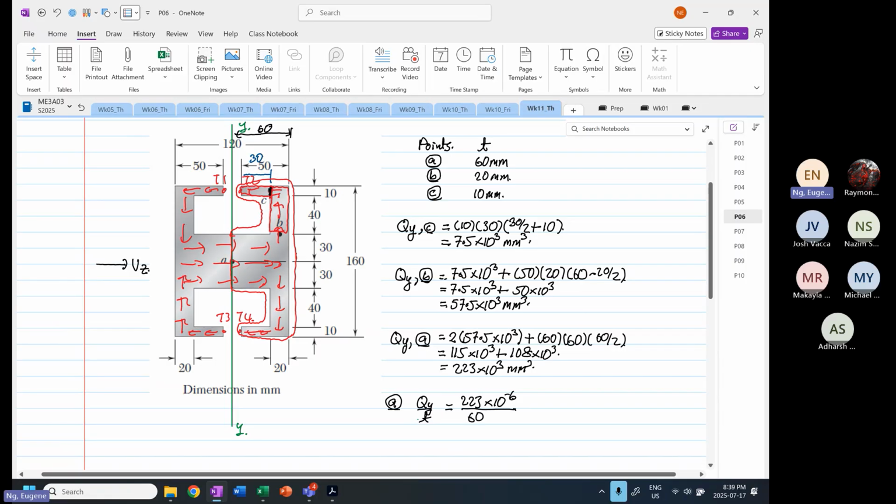Thickness now is 60 millimeters. Okay, so 223 times 10 to the power minus 6 divided by 60 times 10 to the power minus 3 is equal to 3.71 times 10 to the power minus 3.